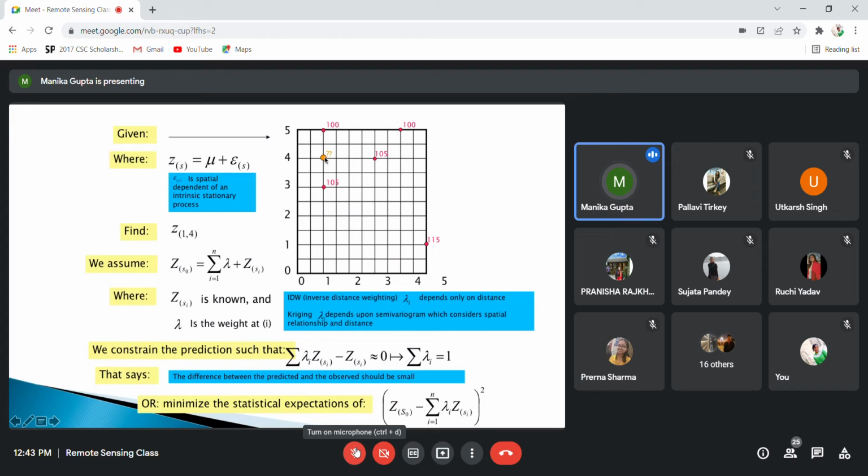Can you do the IDW interpolation for this? Can you all do it? Are you doing it or not? Doing it. Okay.